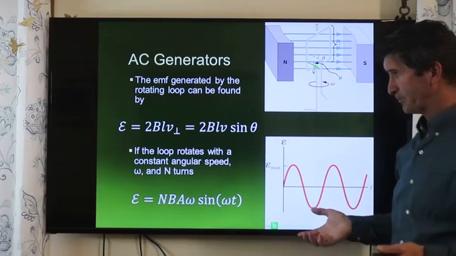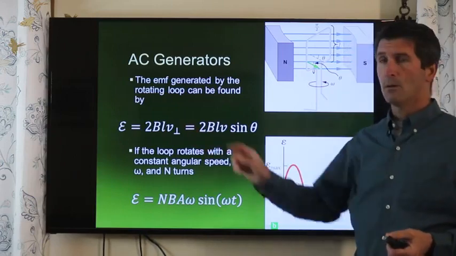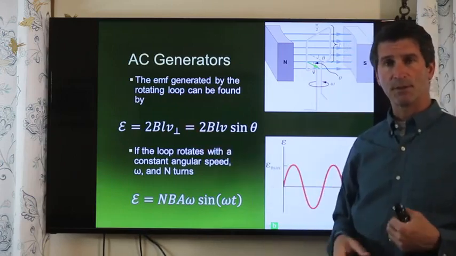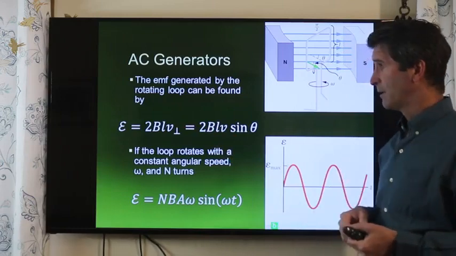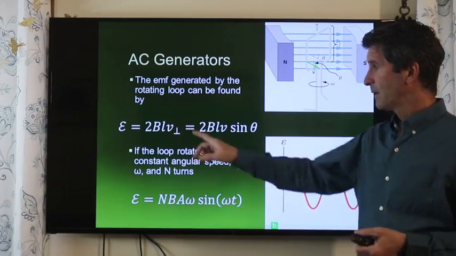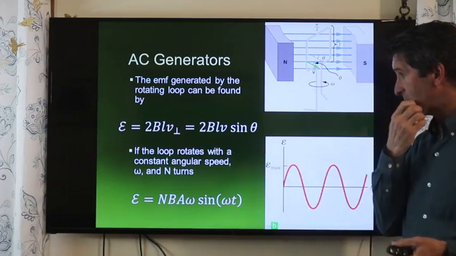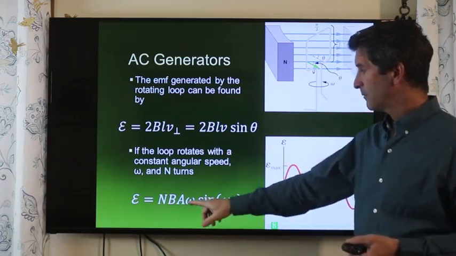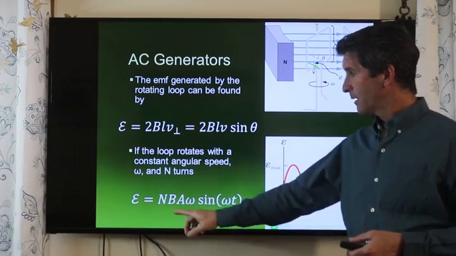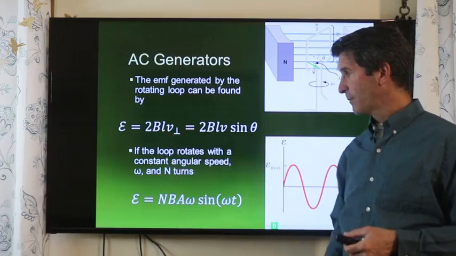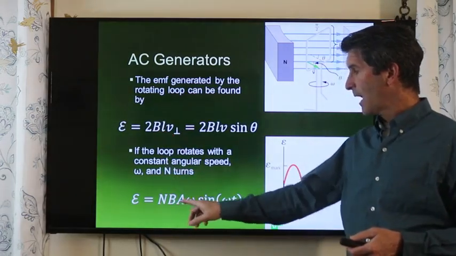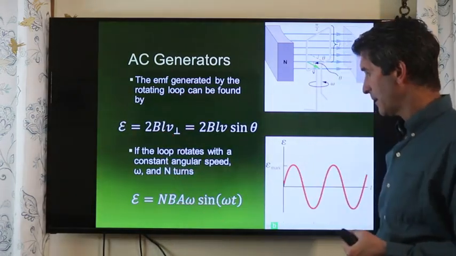And again, we're talking about a rotational system here, so it makes more sense not to talk about the linear velocity, but rather the angular velocity. We can make a replacement right here with this expression. N is related to the number of turns. B is, again, the magnetic field. A is the cross-sectional area.